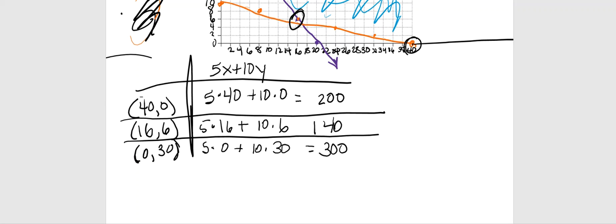Now this problem is asking for the maximum. So in these corner points, this would be considered my maximum.